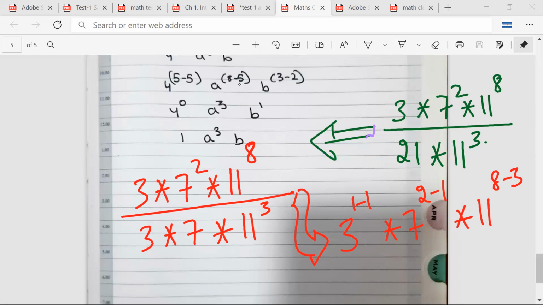Yes, sir. So what I'm trying to do is that this 21, I have written as 3 into 7. Have you understood? Okay. And why do I do that? Because then I have a 3, I have a 7, and I have 11.